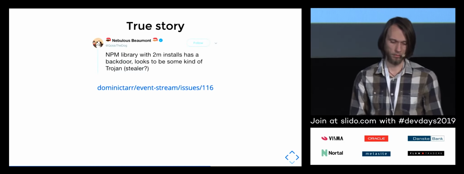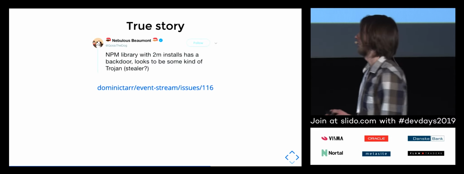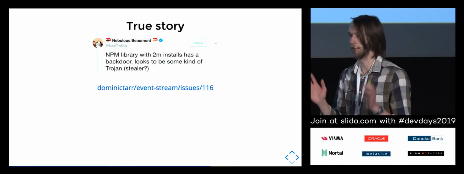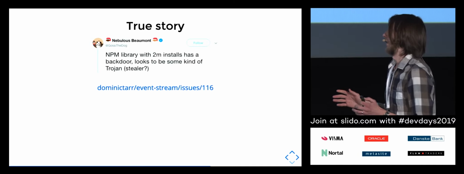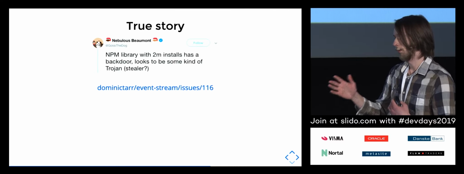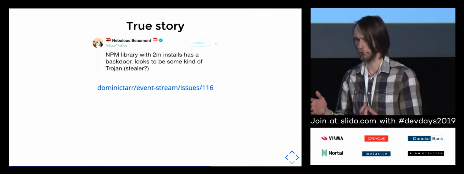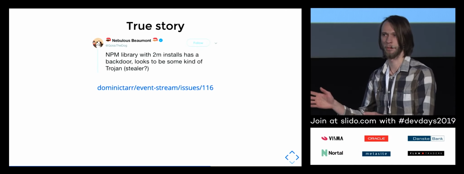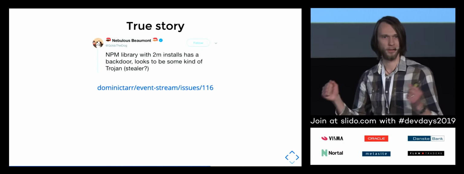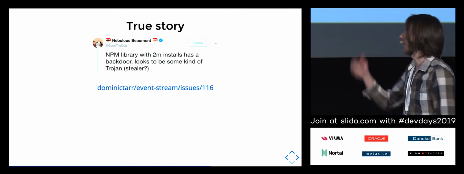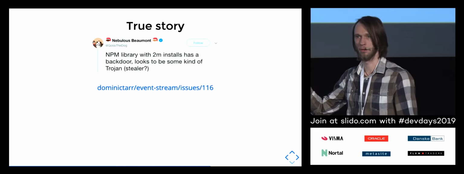And again, the story about a nice npm package that has a lot of downloads, and the author of this package said, I don't have time anymore to support it. Who wants to support this package? And a hacker said, okay, I can do it, and just added several lines of code again.